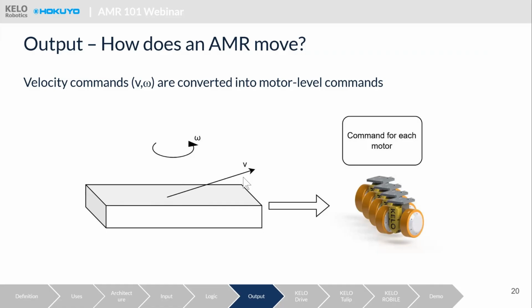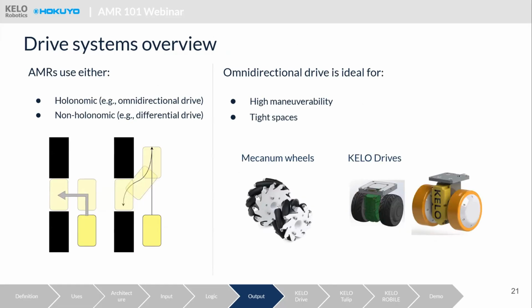It means that the linear velocity is a vector that can point in any direction, and the length of the vector tells how fast or slow it is. And the angular velocity is the rotation of the platform around its axis that you define in the geometry of the robot.